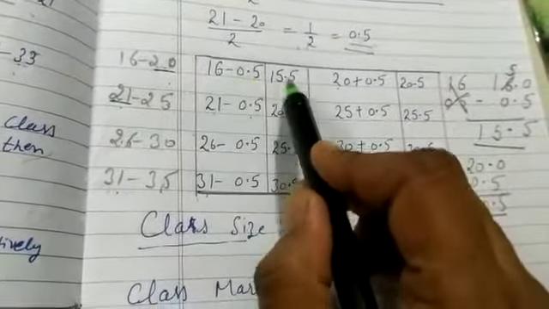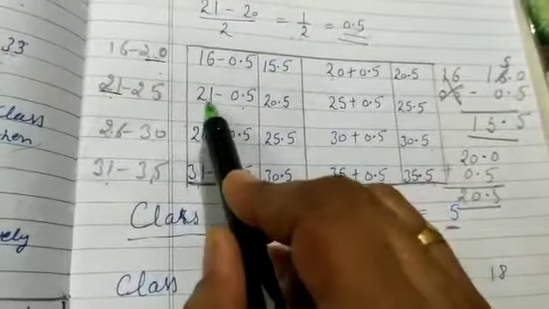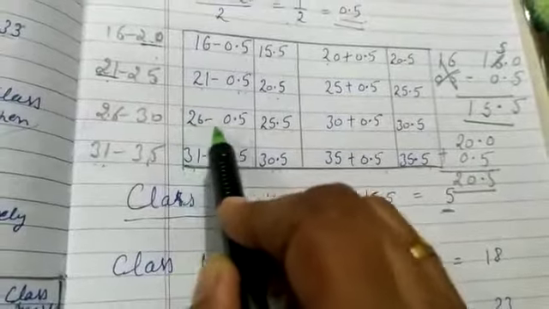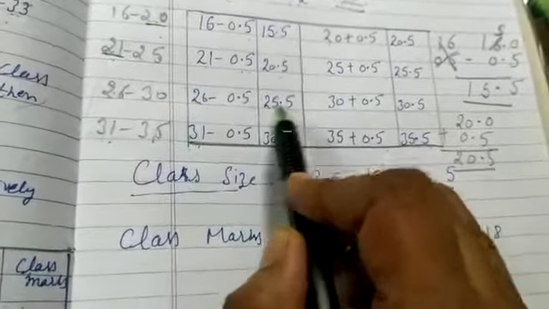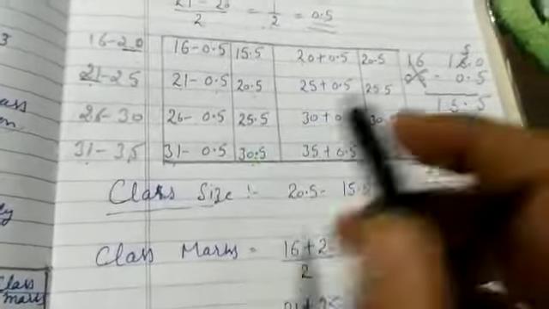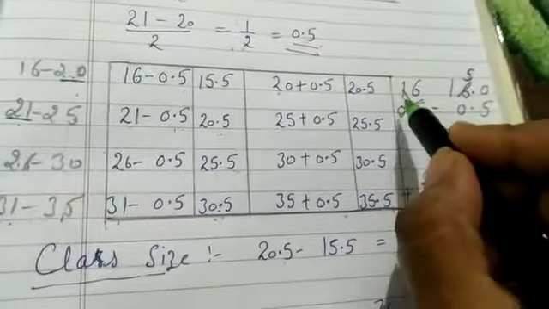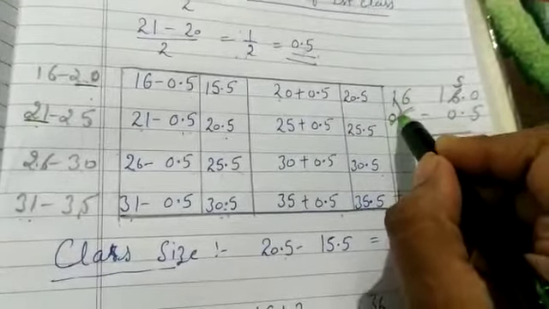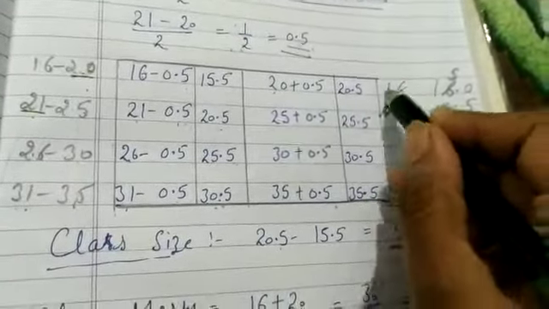16 minus 0.5 is 15.5. 21 minus 0.5 is 20.5. 26 minus 0.5 is 25.5. 31 minus 0.5 is 30.5. You have to subtract like this. You will not write 16, 0.5 like this. This is the wrong method.